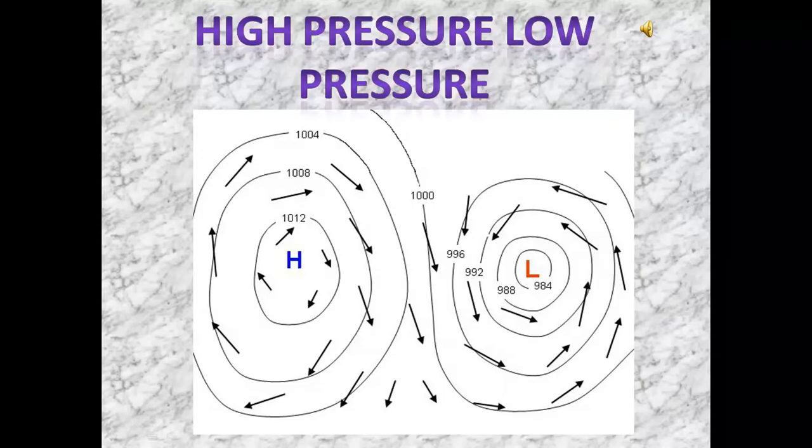This is typically what happens during the summers, and that is how the monsoon is generated. Land gets hot, therefore low pressure is created, and the surrounding water body is cool, therefore high pressure is created there, and therefore the moisture-laden winds move from high pressure to low pressure.